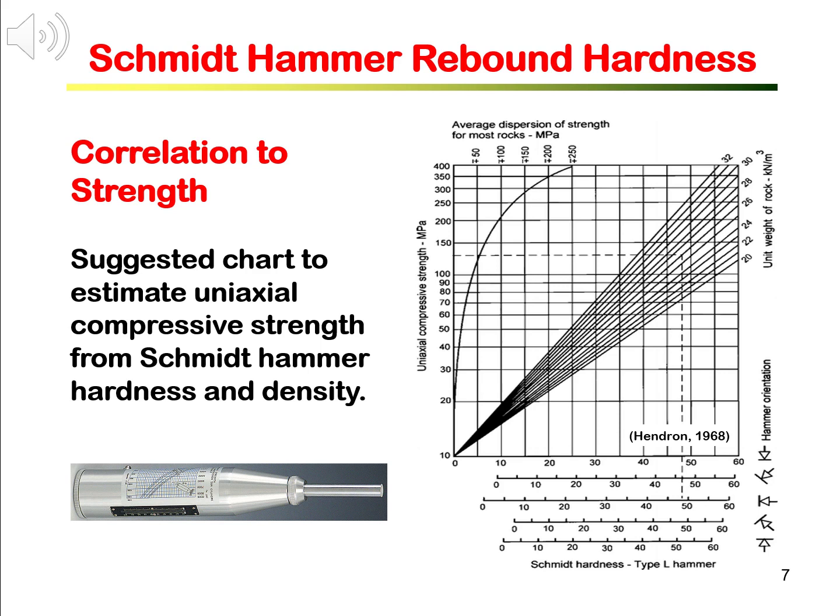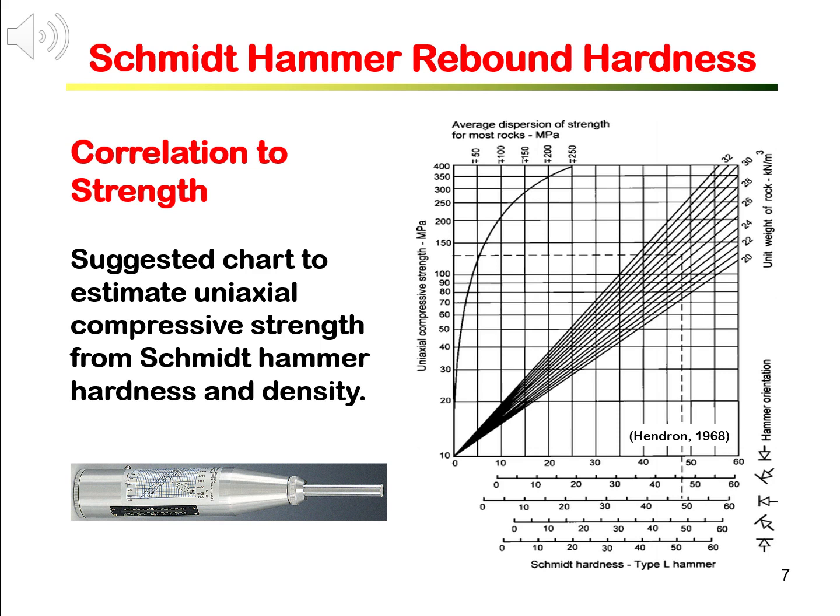As illustrated on the chart by the dotted line, if we have the Schmidt hardness of 48 obtained by vertical down hammering on the surface, say a homogeneous and isotropic sandstone block with unit weight of 26 kN per cubic meters, then the estimated uniaxial compressive strength of this sandstone is 120 megapascal.